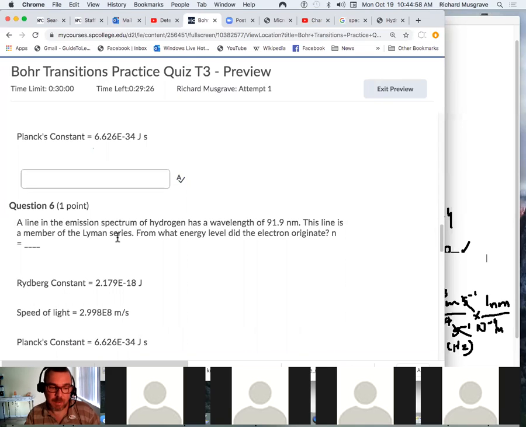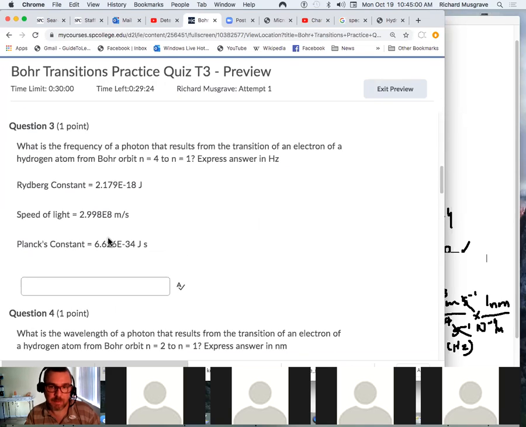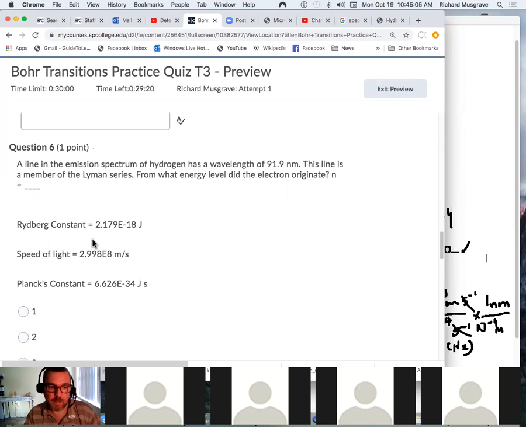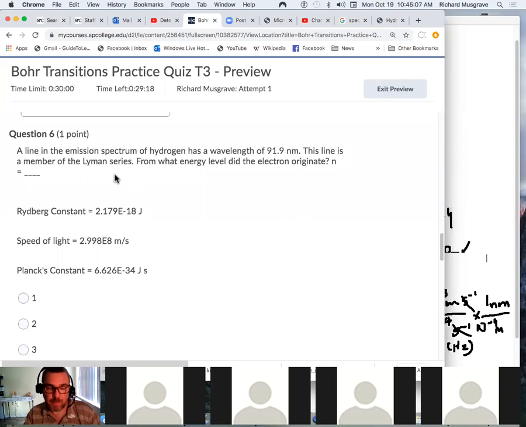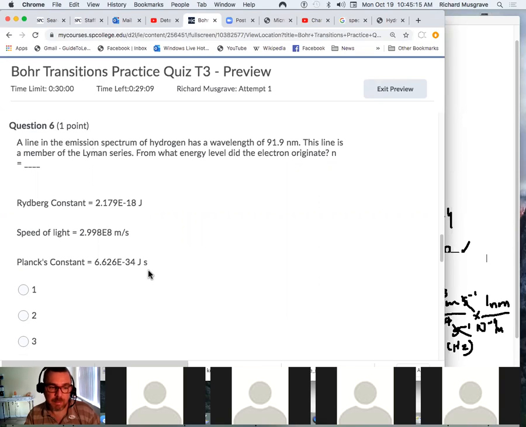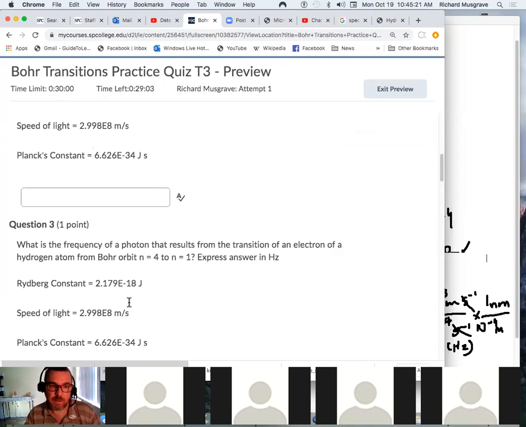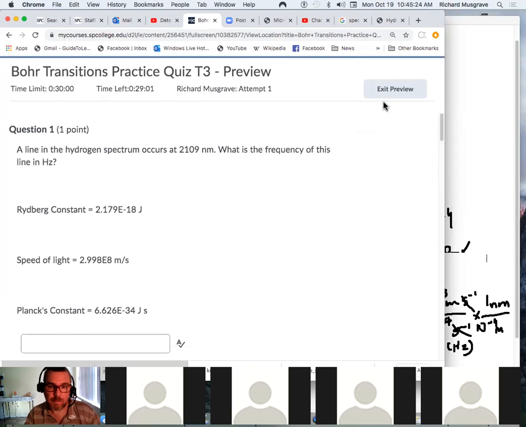I think that's the Lyman series. There's something there that tells you that. And the n equals 1, and you're looking for the other n value. So you would have to do a lot of algebra here to work your way backwards through that problem. That's the only clue I'm going to give you about how to do that. But the Lyman series thing, that's given at the beginning of the problem.